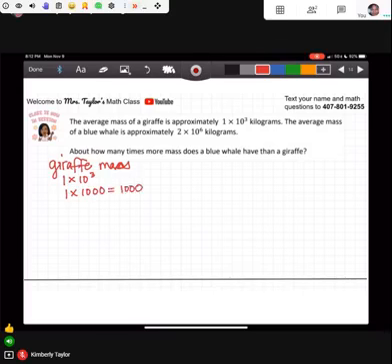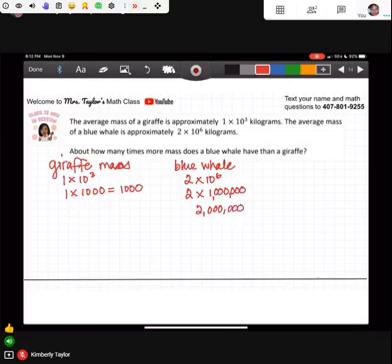So that would be the mass of a giraffe, according to our text. Now for a blue whale, we have 2 times 10 to the 6. And that is really 2 times a big old number. What's that? 1 million? So that means it's going to be 2 million.